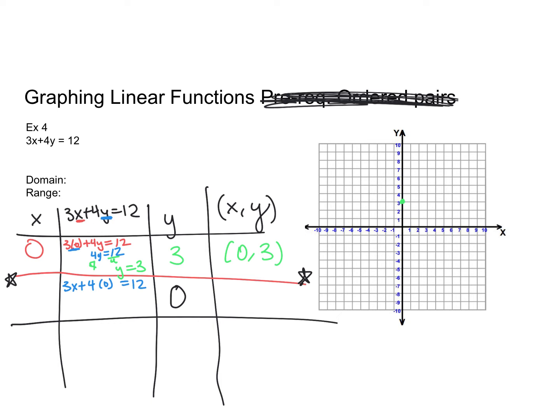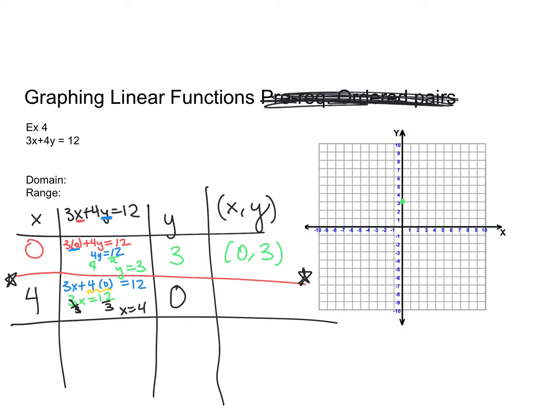And this solving is really not that bad because I have 4 times 0, which of course is just 0. That's really why I like to use 0, because that goes away. And what I'm left with is 3x is equal to 12. But it's not really 3x, it's 3 times x. So to get rid of that 3, I would just divide both sides by 3. And I get x equals 4.